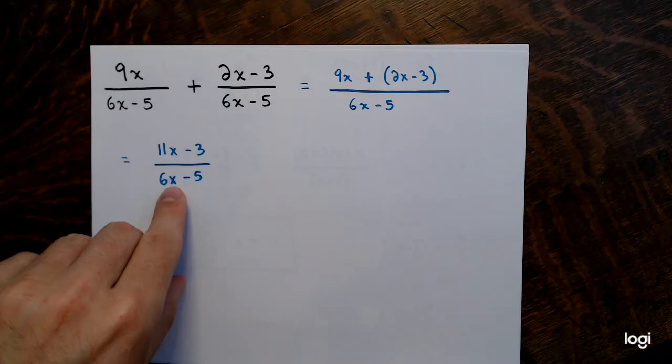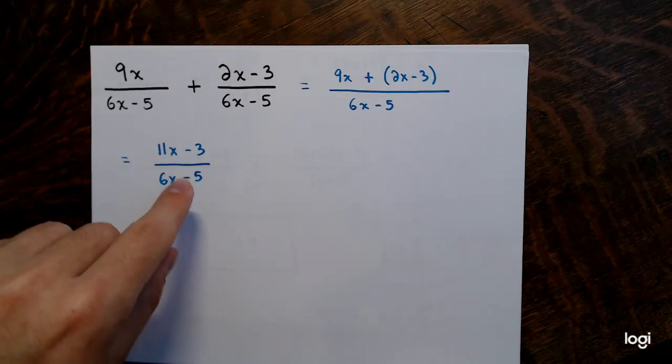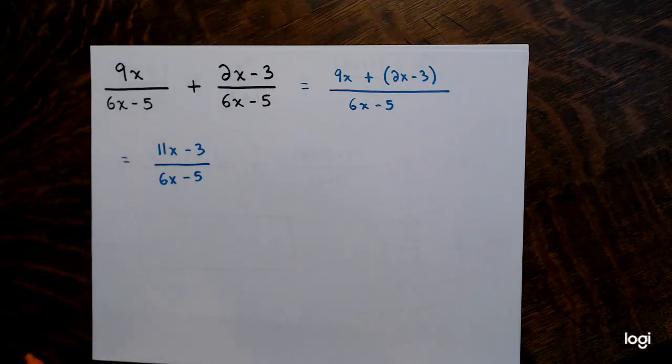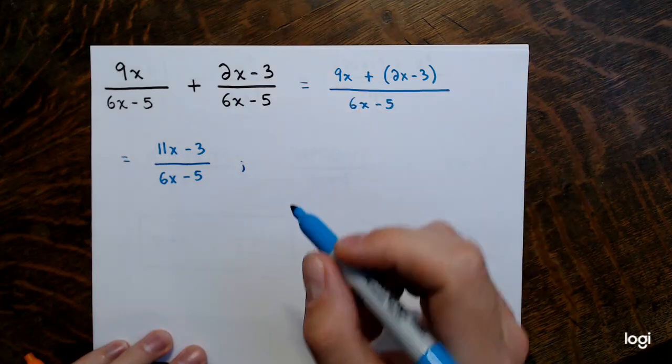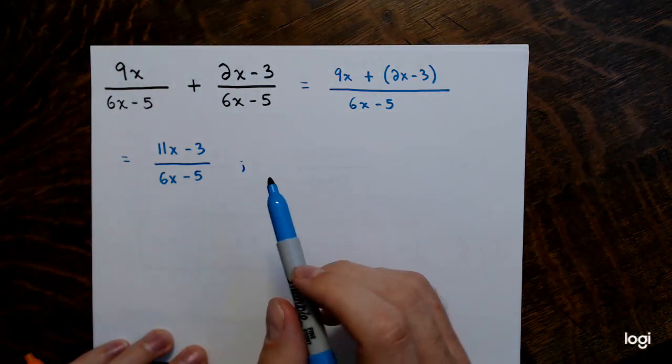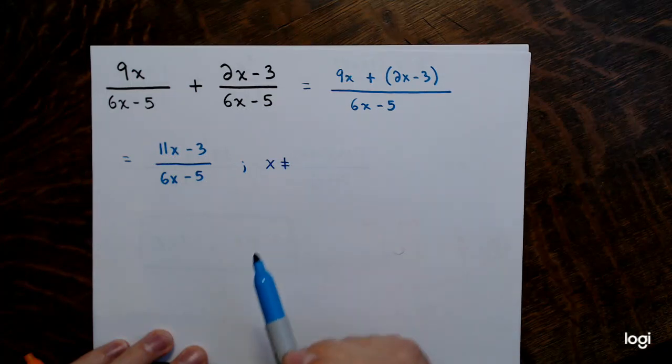So the only factor of the denominator is the whole thing, the 6x minus 5. So there's nothing canceling here. There's no common factor in the numerator and denominator. So I'm done. And there's one more thing I'm going to point out to myself. Values I cannot replace x with.